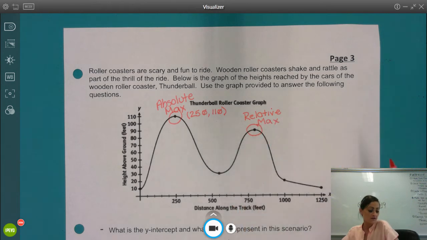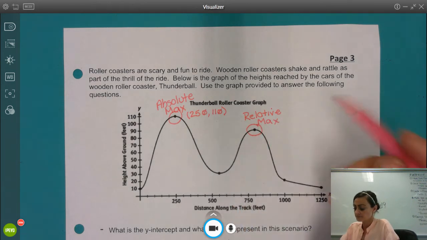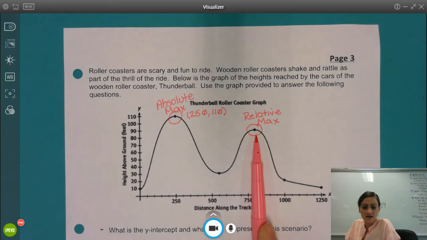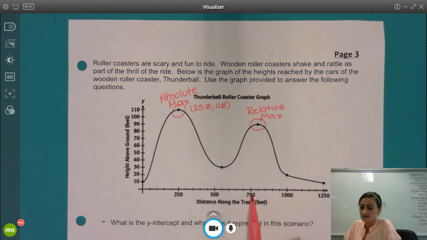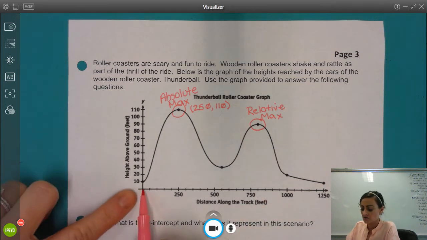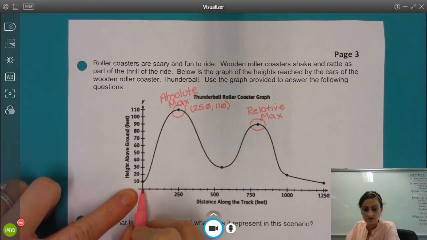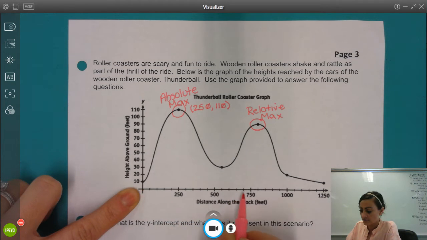And we still write our coordinate the same way. However, in this case, our tick mark doesn't show up on a tick mark that's labeled. It shows up right here. So I need to go back to the origin, or where my graph starts at 0, and figure out what that input value here would be.